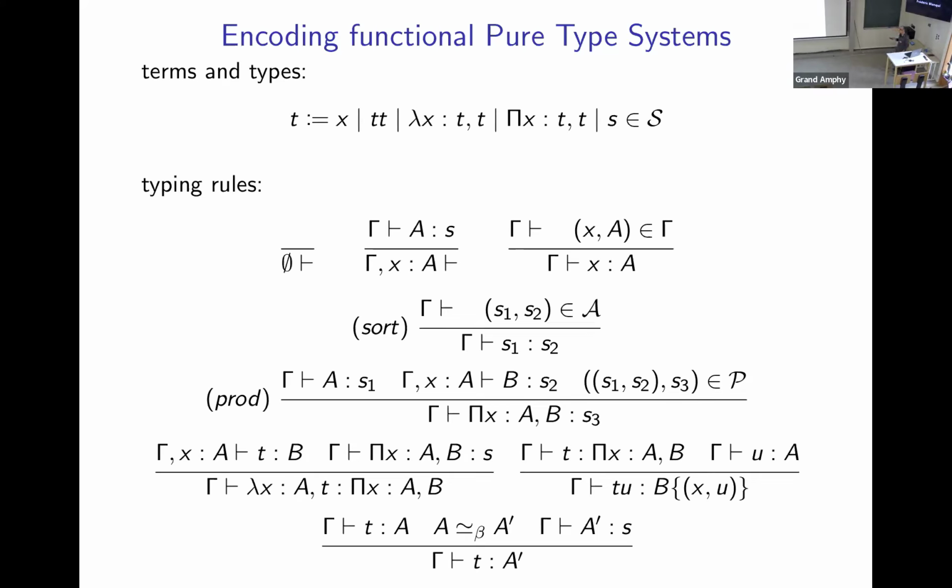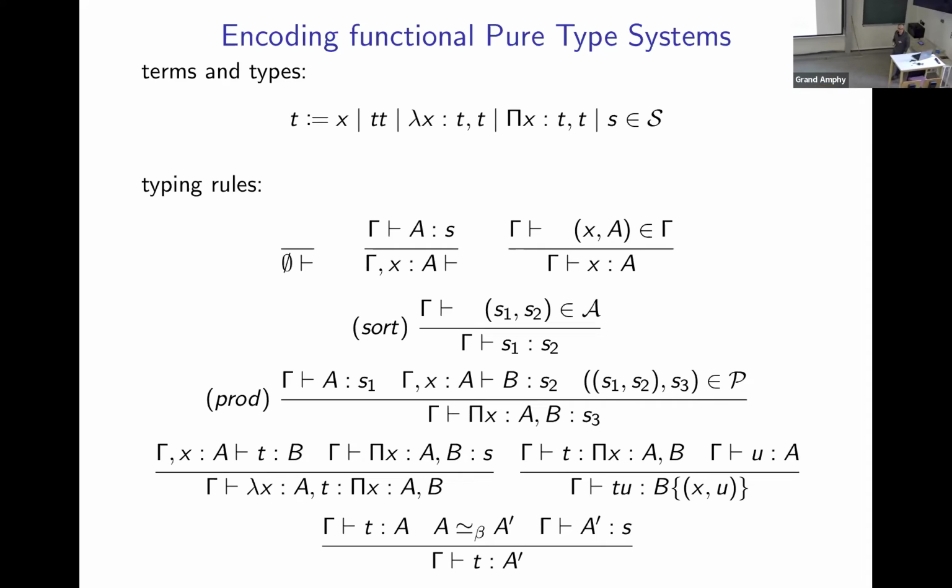Okay, so you have a set S of sorts, and then you have some axioms for typing the sorts. You say that the sort S1 is of type S2. And you have a relation for describing what are the possible products in this system. So if you have a domain in some sort S1, and a codomain in sort S2, then you say that the product is some sort S3.